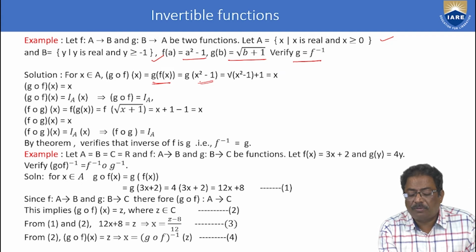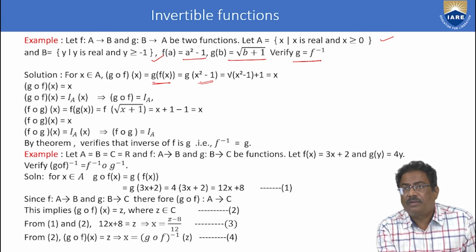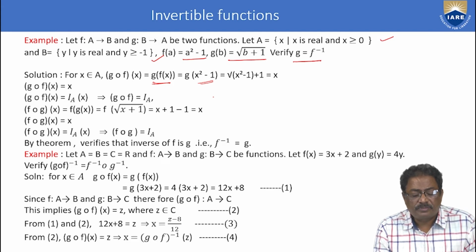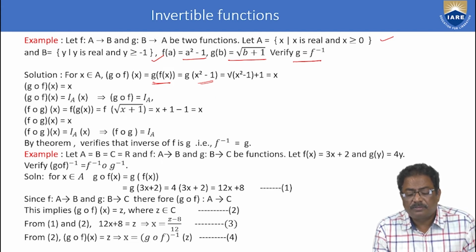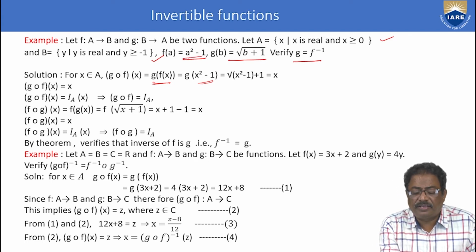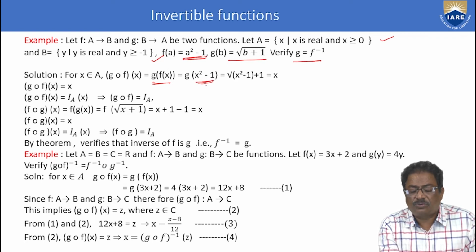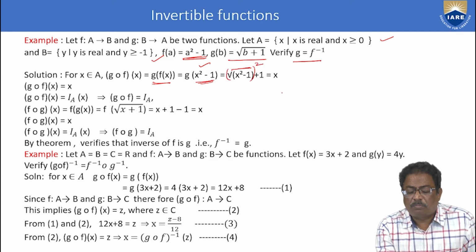f of a is given here. So f of x is equal to, instead of a, we are just taking x. So I am going to get this. So what is g of x? This is root of, and whole square, and next plus 1.